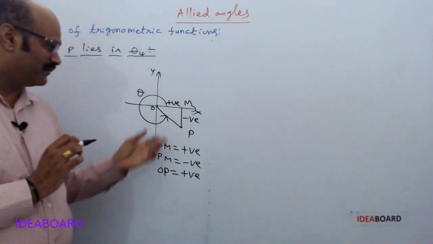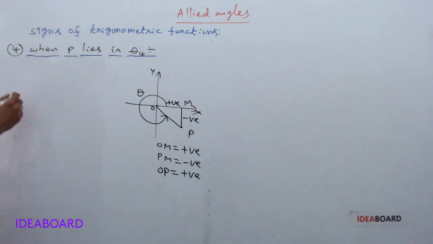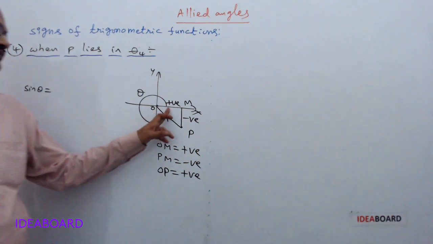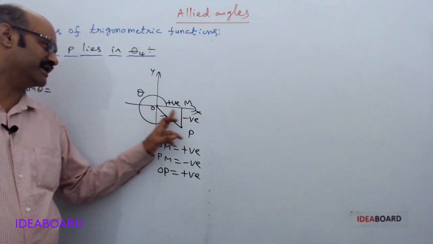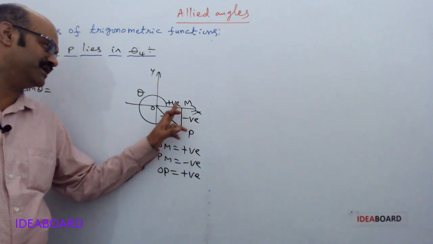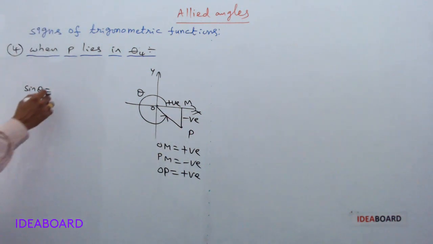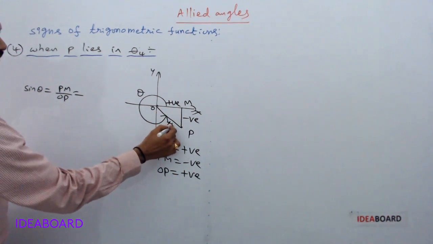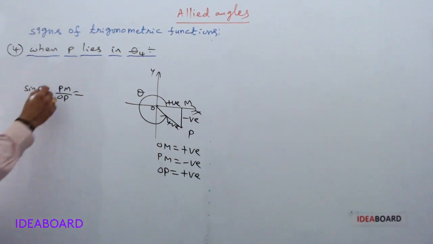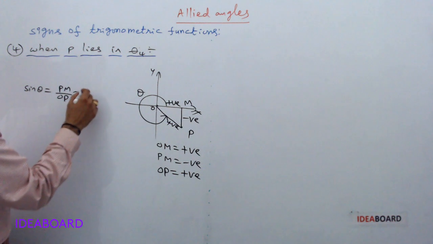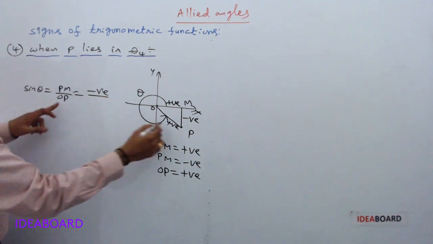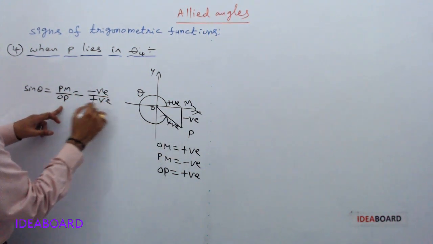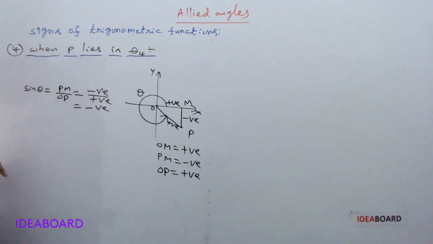From the diagram, sin theta equal to opposite side, which is along the y-axis, PM by OP. Here OP is positive and PM is negative, so negative by positive, negative.